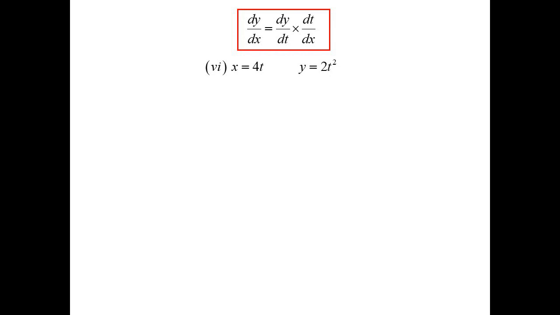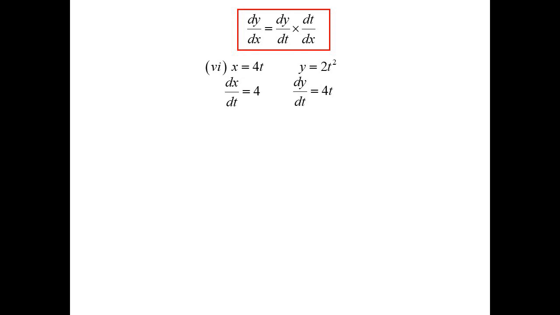But do you remember when we looked at parametrics? And we said we could rewrite it as a pair of equations. So say we had a parametric form where x is equal to 4t and y is equal to 2t squared, and we wanted to differentiate that. Well, I could differentiate the x, but do it with respect to t. So I'll get dx/dt is 4.